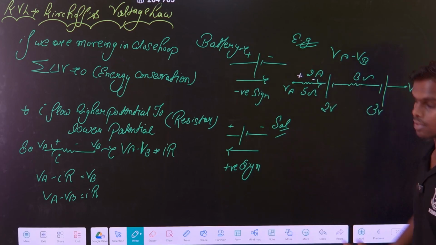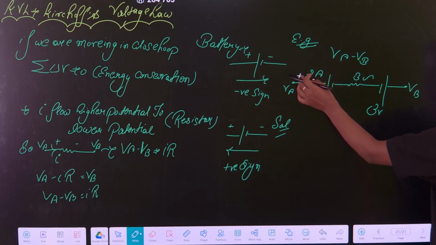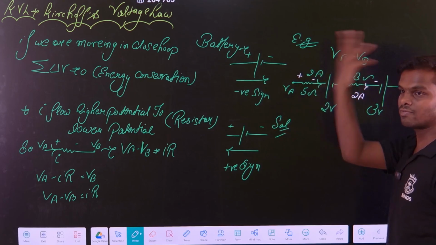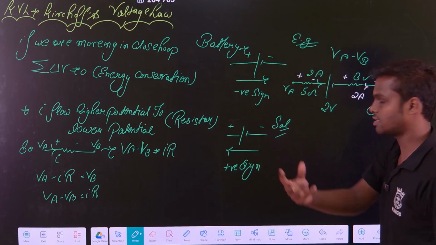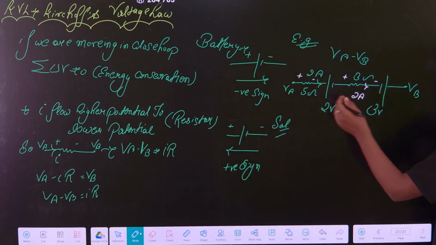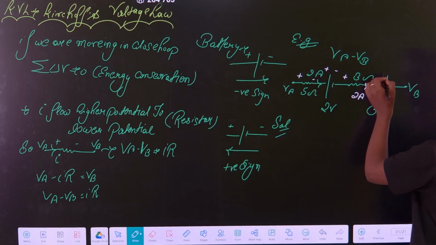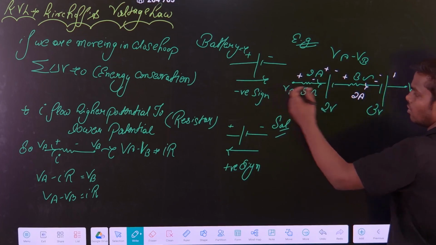Similarly here also plus minus, because the current is 2 ampere. In a series combination the current is the same, a basic thing you know from class 10. So now you have marked all the terminals, battery plus minus, minus plus. No issue. Now let us start.